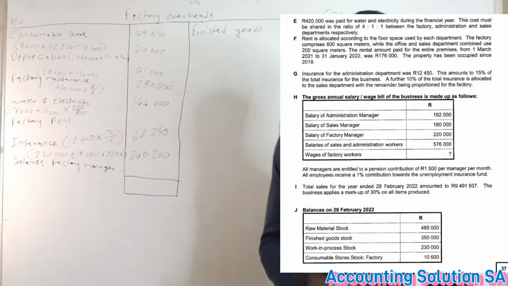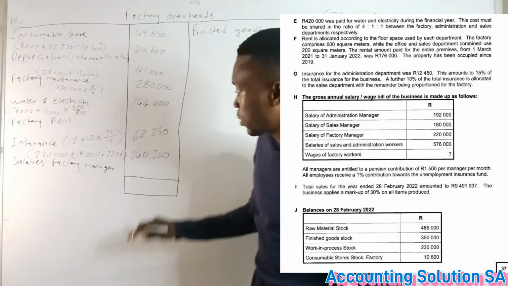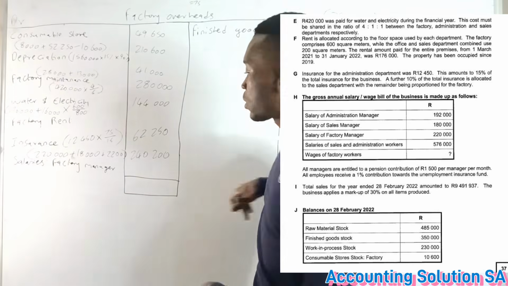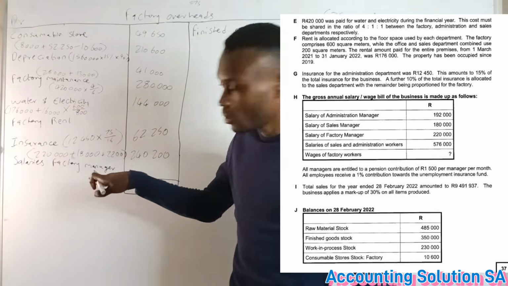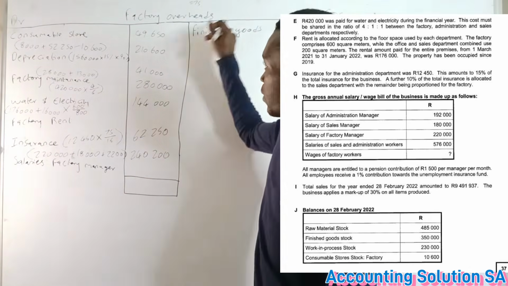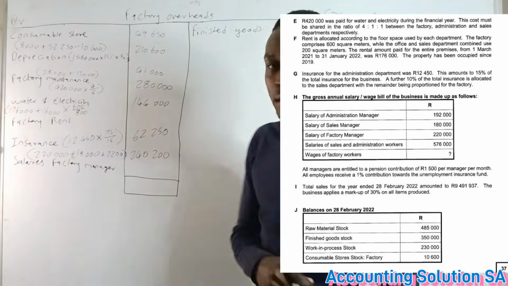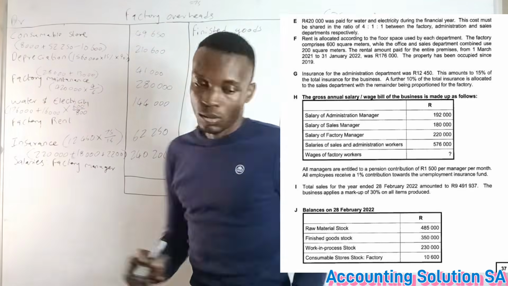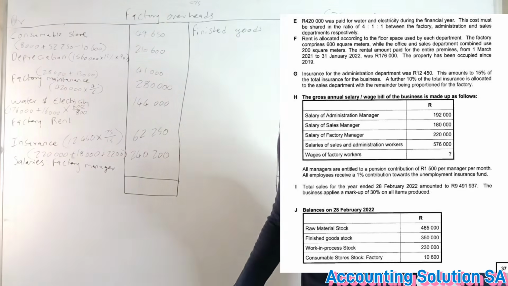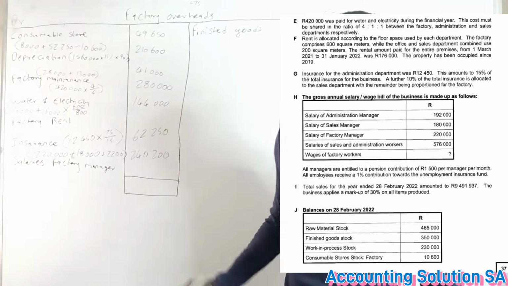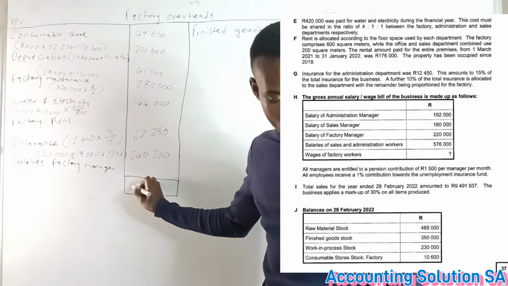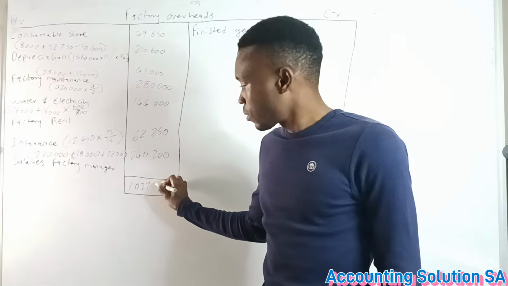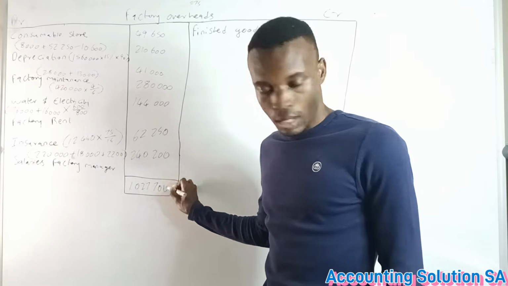All right, then after that guys, we have to make sure that we totalize this side, and this side is always equal to this side, which means that the balance that we are going to get here, you just transfer it to finished goods and write it into the total as well. All right, let's add this all. Then we will get the amount of 1,027,700.